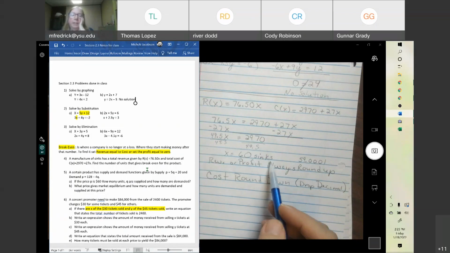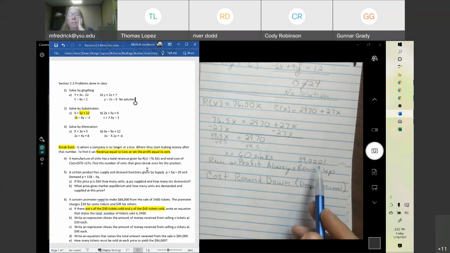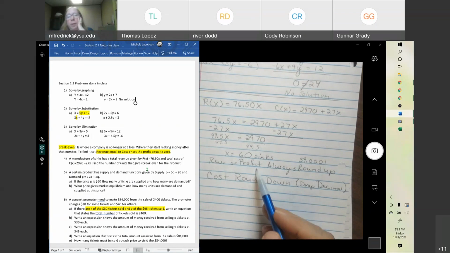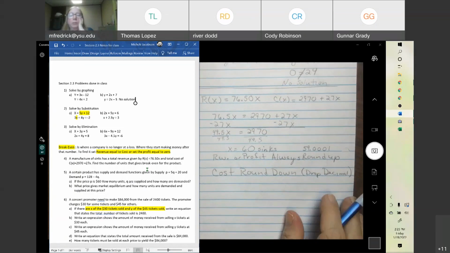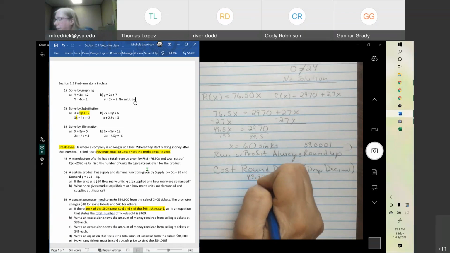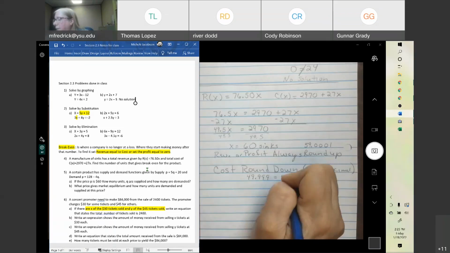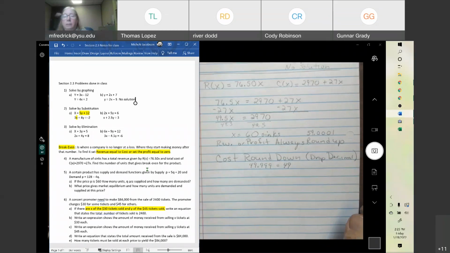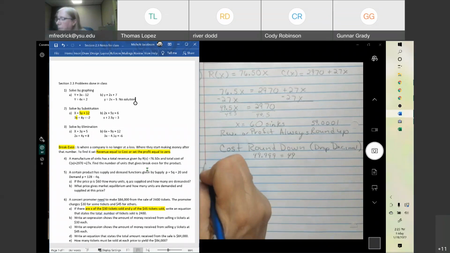But sinks, computers, televisions, you don't sell part of one. And so revenue and profit round up, cost round down. Rounding down means you drop the decimal. So 49.999 would be 49. Any questions on that?